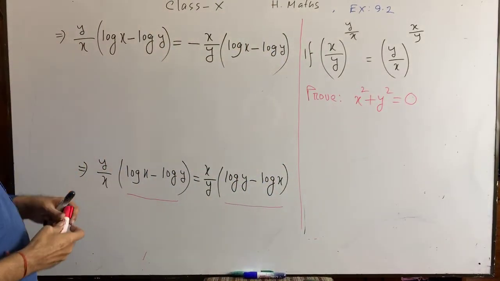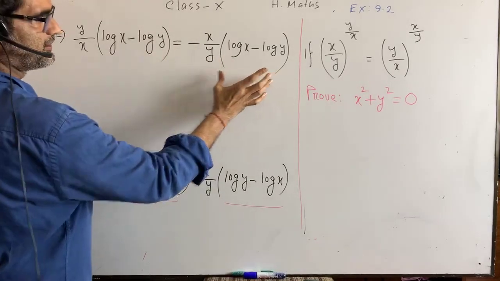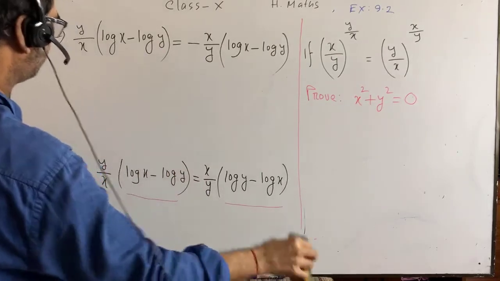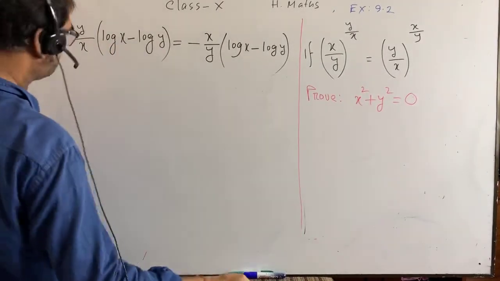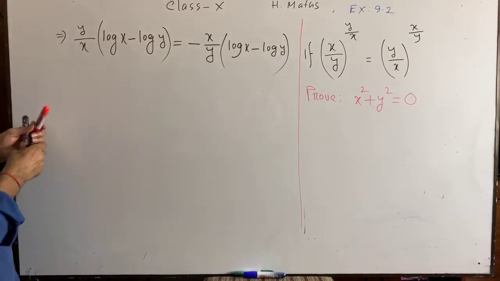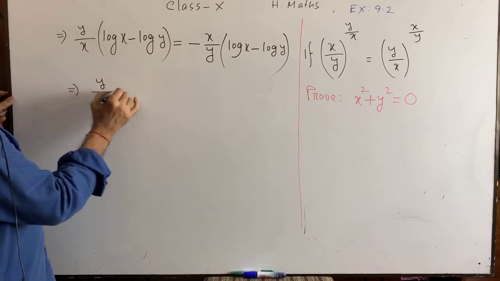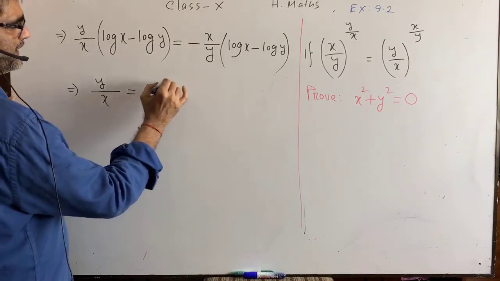You see, this part and this part are wholly and fully the same. Now we can vanish them. So we will be left with, you write down, y by x is equal to minus x by y.